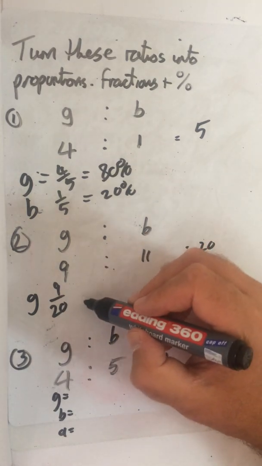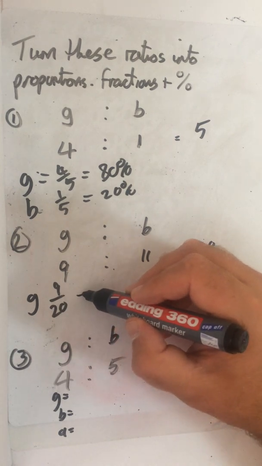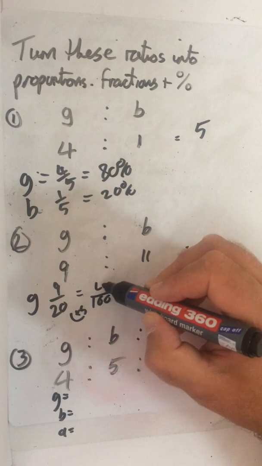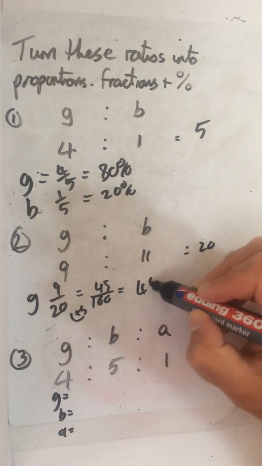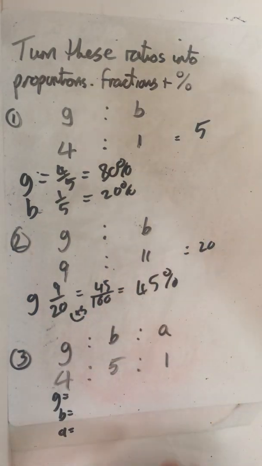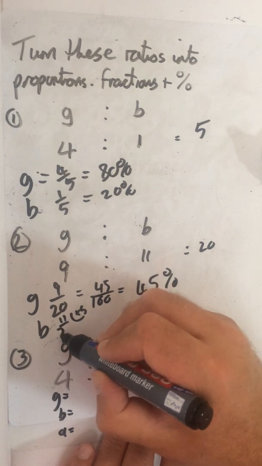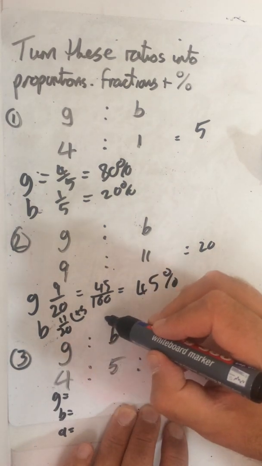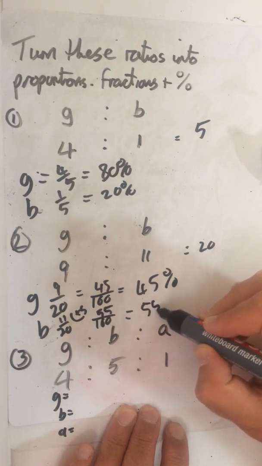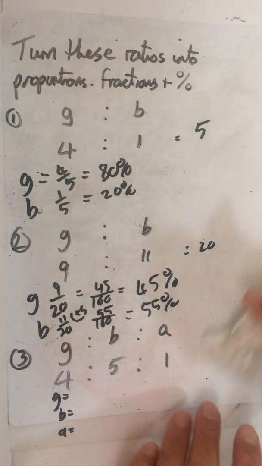I can't simplify that any further, but I can turn that into a fraction over 100, times 5, 45 over 100, 45%. And then boys, 11 over 20, and again I can't simplify that, but if I expand it out I get 55 over 100, 55%. So my two answers are 11/20 and 55%.